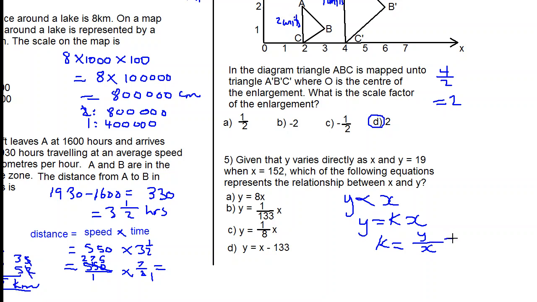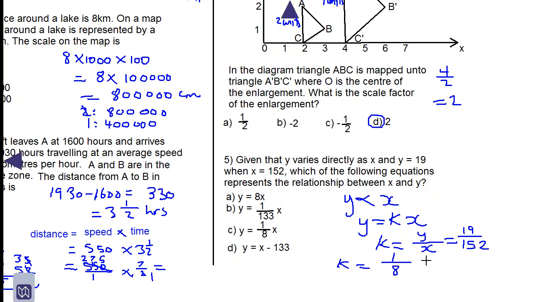And let's now put in our data. y is 19 and x is 152. So we have 19 divided by 152, and 19 can go into 152 8 times. So we have 1 over 8. So k is 1/8.